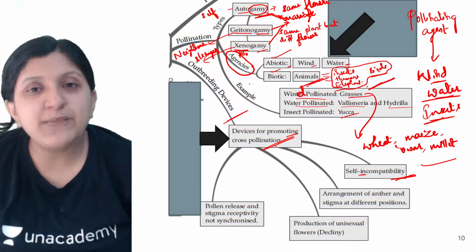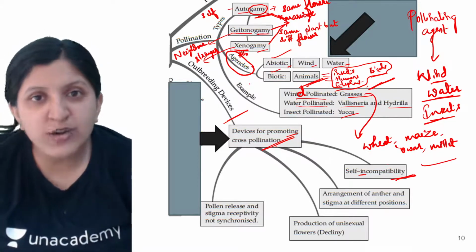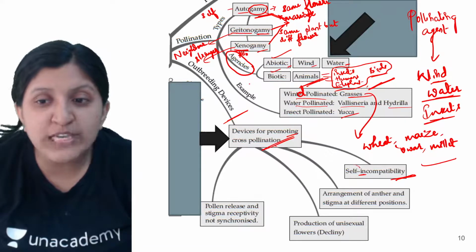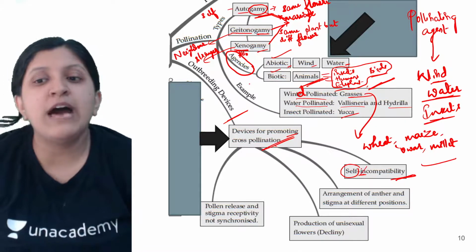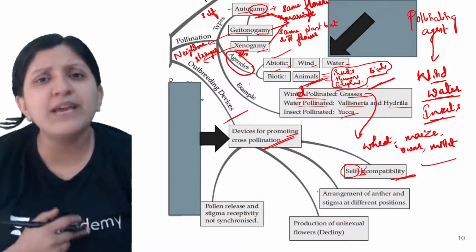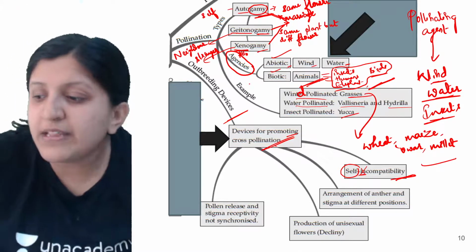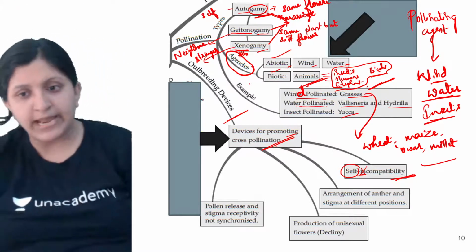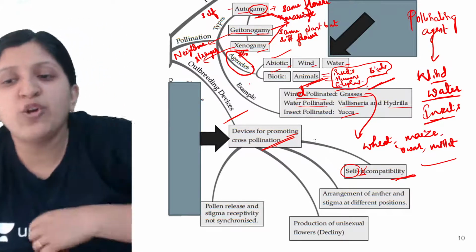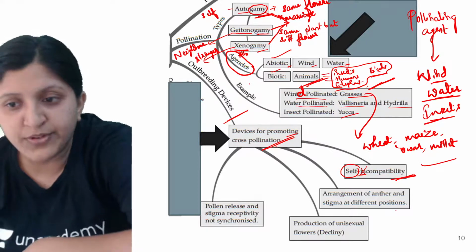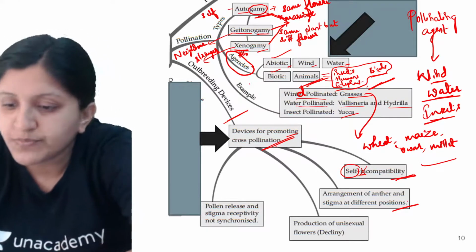If compatibility is there, then it is easily going to germinate. Since it belongs to the same plant, it is not allowed to germinate, because there is a chemical dialogue occurring between the two varieties. Other than that, you can also see that the arrangement of anther and stigma at different positions also does affect.